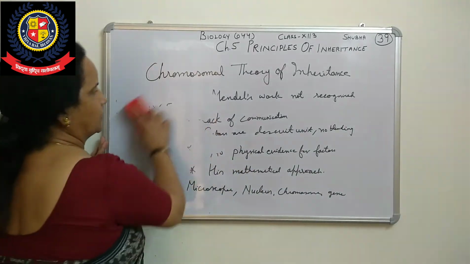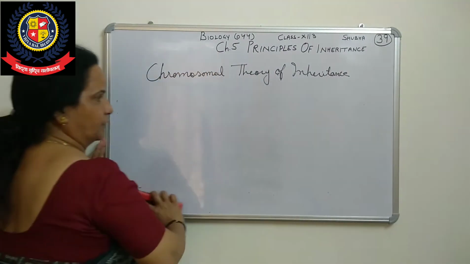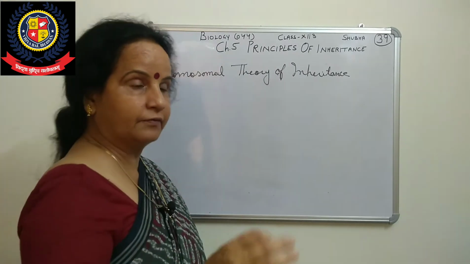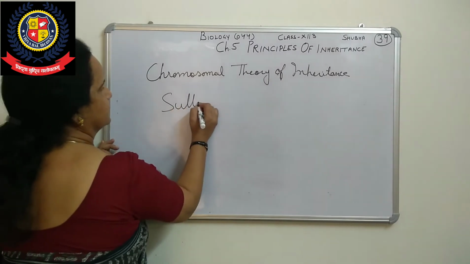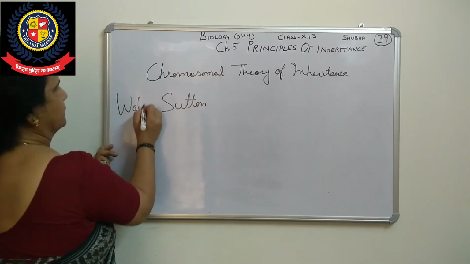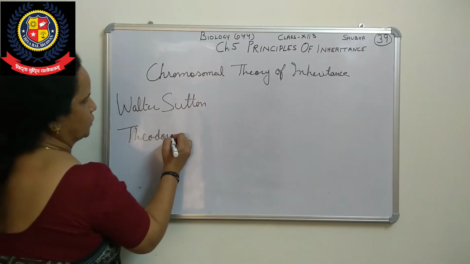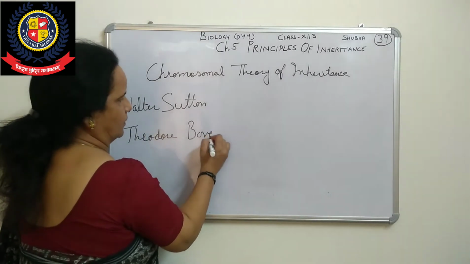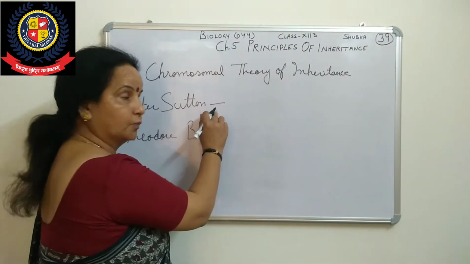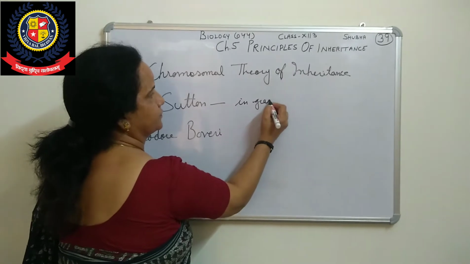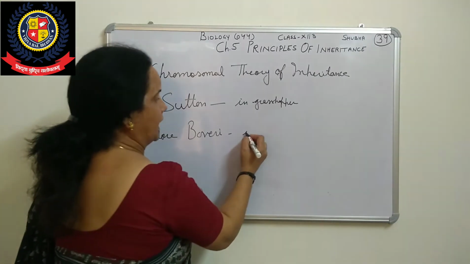These two scientists recognized that the theory Mendel had told matched exactly when we talk about genes. They are Walter Sutton and, very important, Theodore Boveri. Sutton did his observation in grasshopper. Boveri did his work on embryonic development.